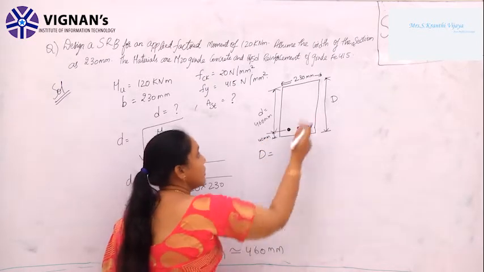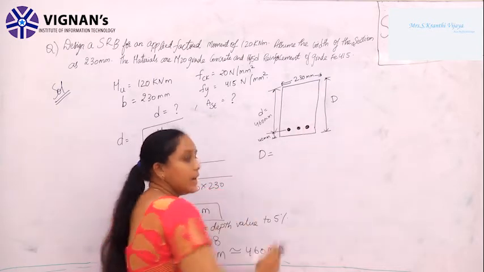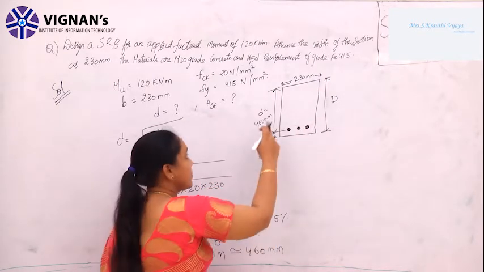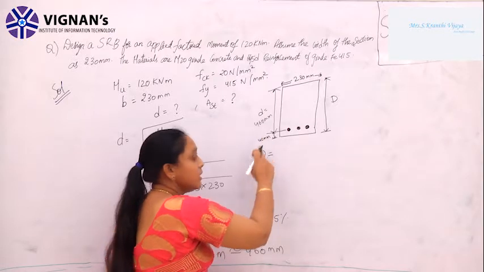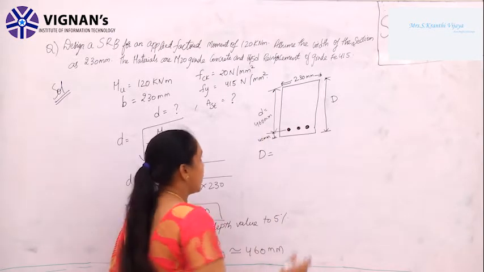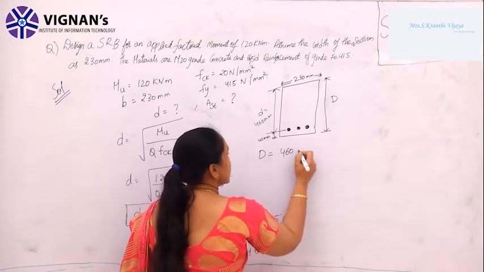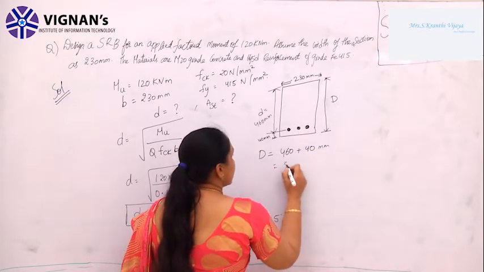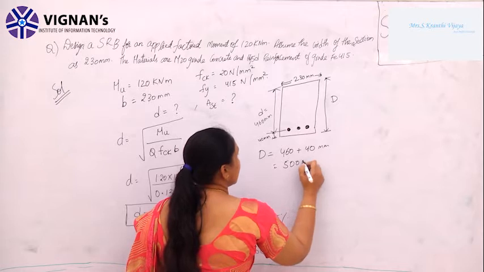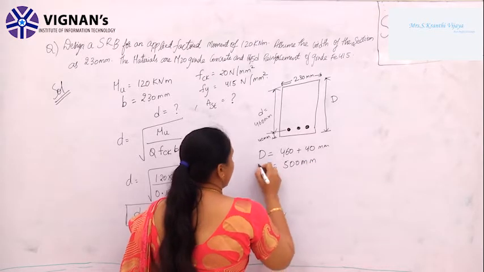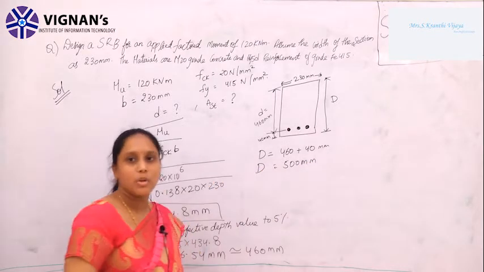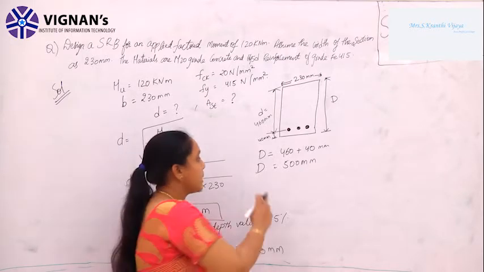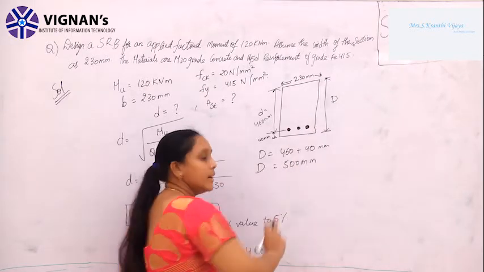So what will be the total depth D? The total depth D will be effective depth plus the effective cover, so it is 460 plus 40 mm, which gives you 500 mm. So the overall depth of the beam D is 500 mm.